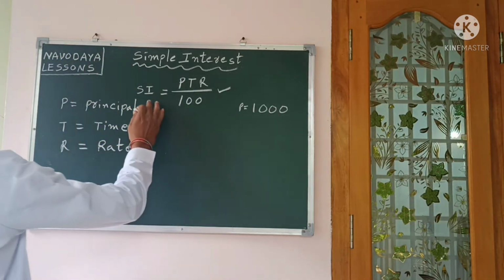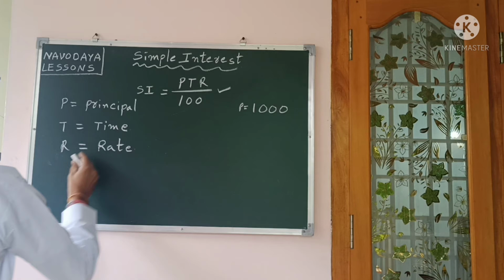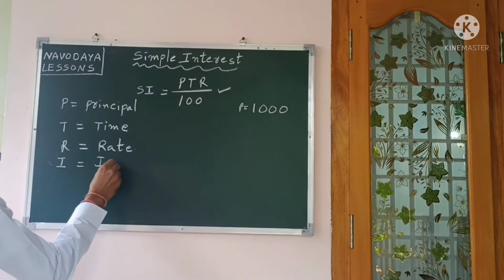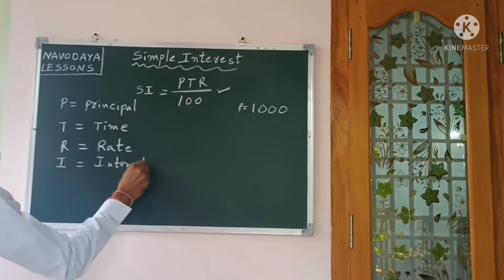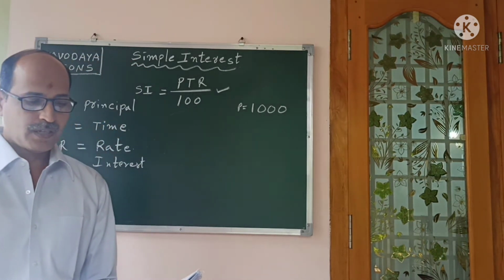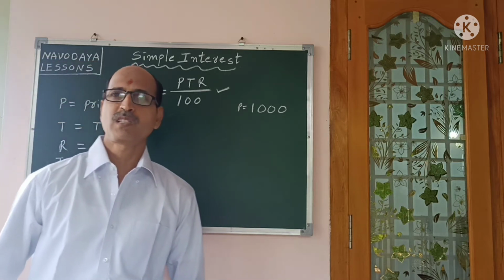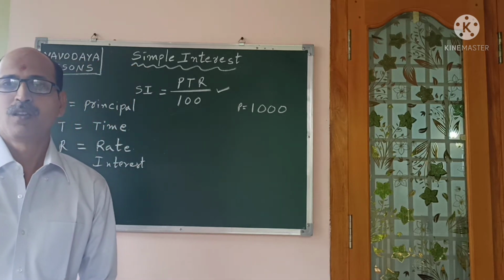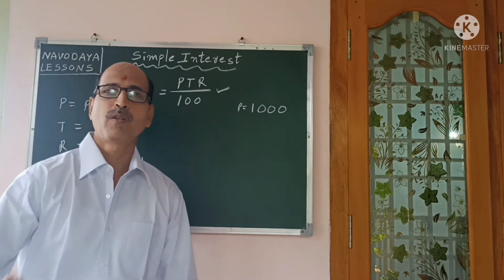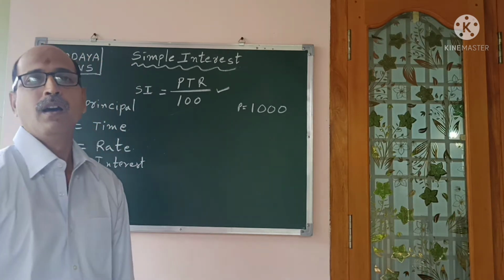Now let us see the interest. What is interest? I means interest. If we borrow some money from the bank, the person who borrowed the money is called the borrower.